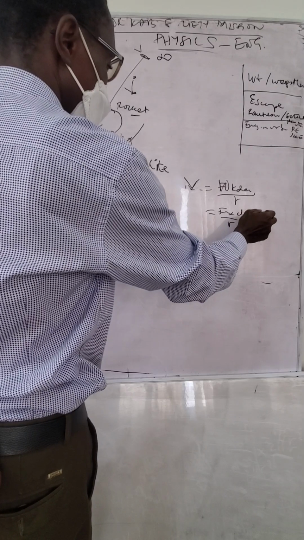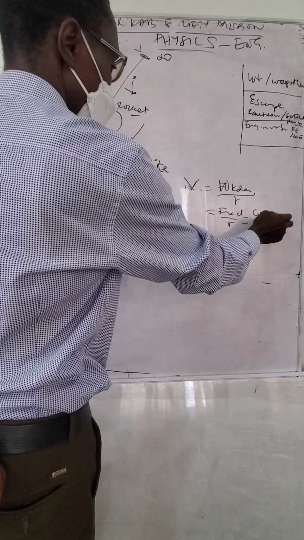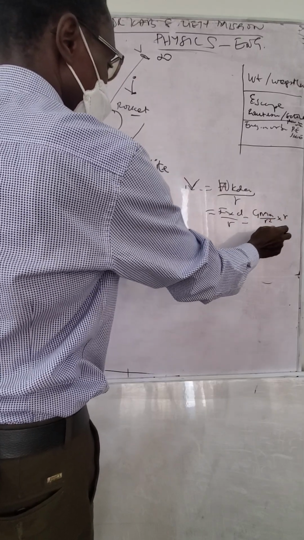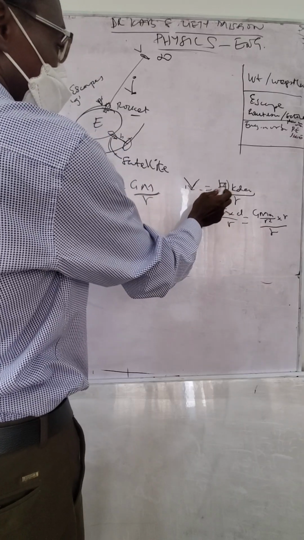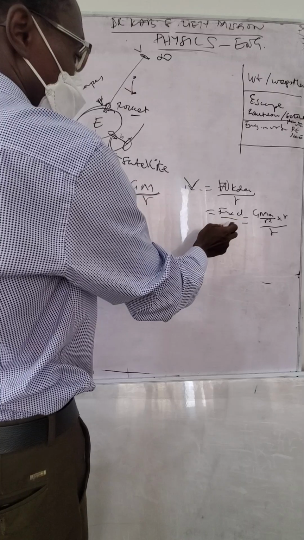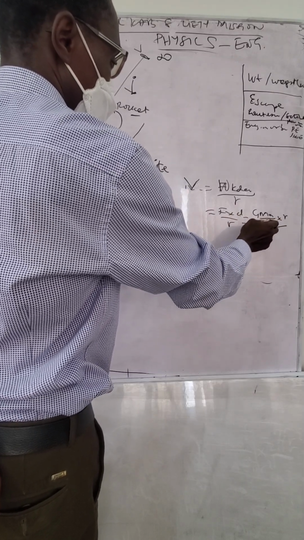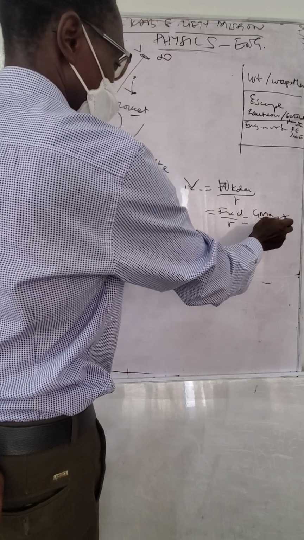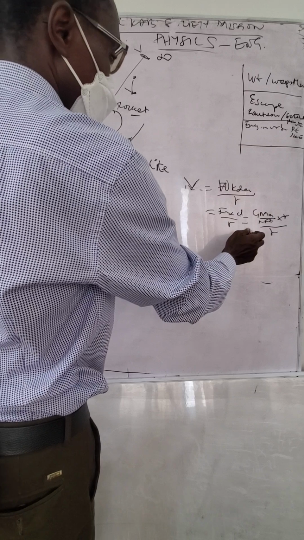So our force is GMm over R squared, times the distance, which is R. Of course, work done is the force times the distance. So this will cancel one, and this cancels that, and we are going to get R squared.